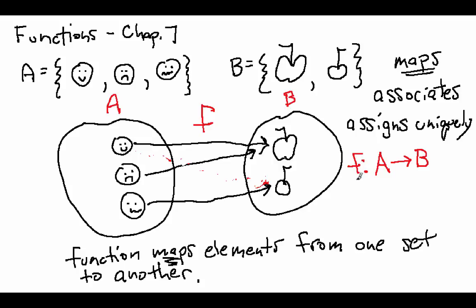In fact, if we wanted to, we could be very explicit in specifying this function f, and we use a notation that looks like this. We would say that f of the happy face is equal to the apple. Like that. And over here, we could specify all three elements of the function, all three mappings, if you will.